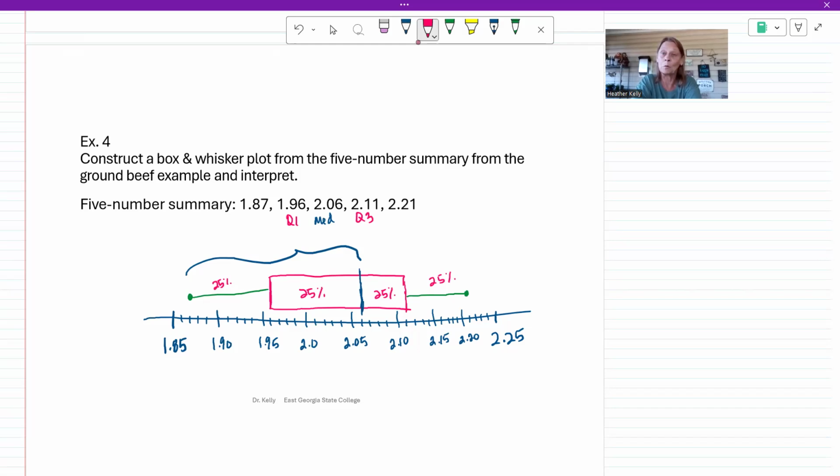This is the visual representation of the data. And after you do a few and you see them look a little different, please read the questions so you understand what we're doing here. Like this was the ground beef example, right? So read the question so it's got some context in your brain.